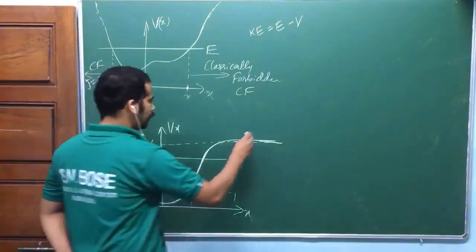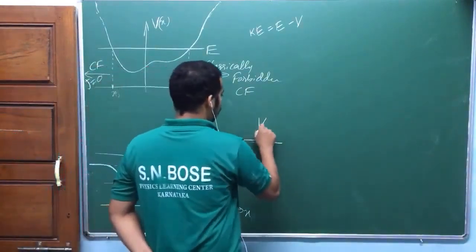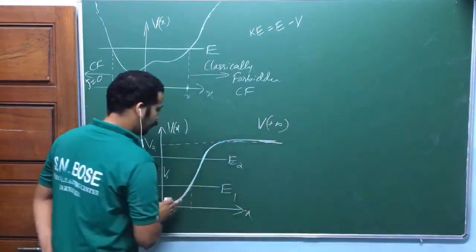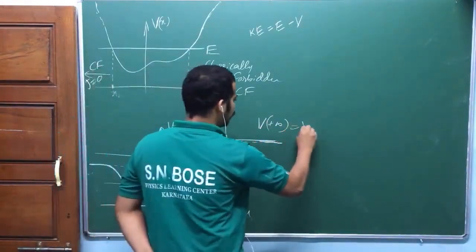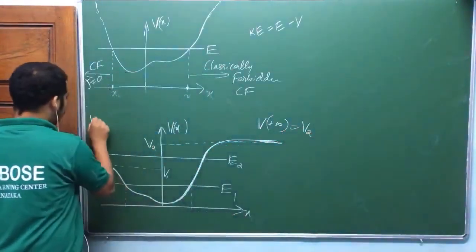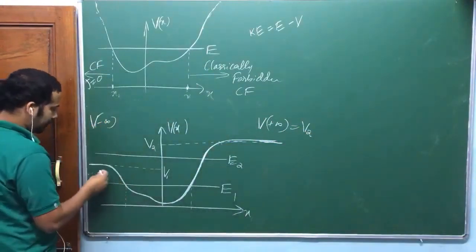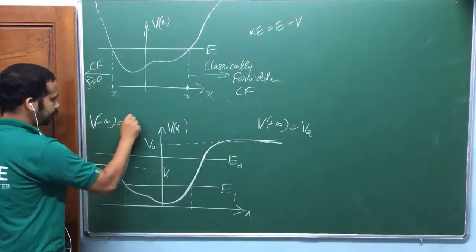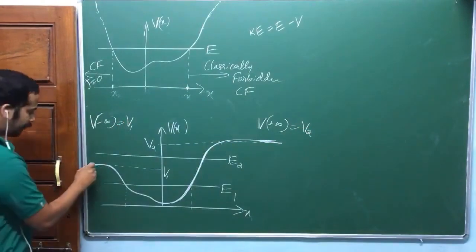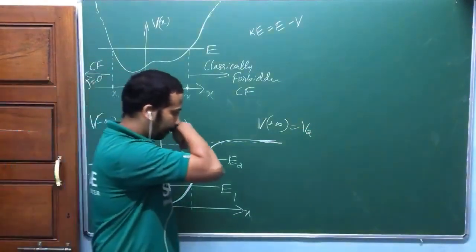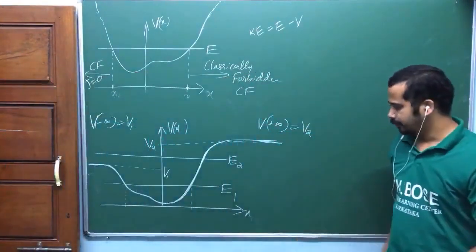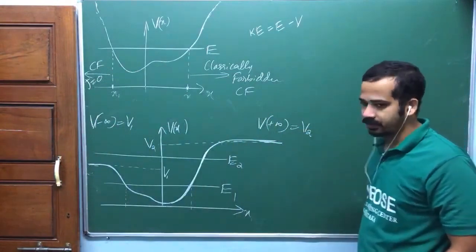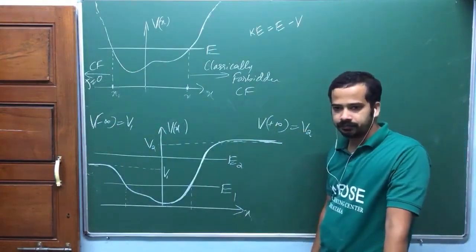Remember, the potential V at plus infinity is V2, okay? If you go to minus infinity, the potential is V1, okay? It is attaining some constant value. How is it a scattering state? Tell me. It will be a bound state.